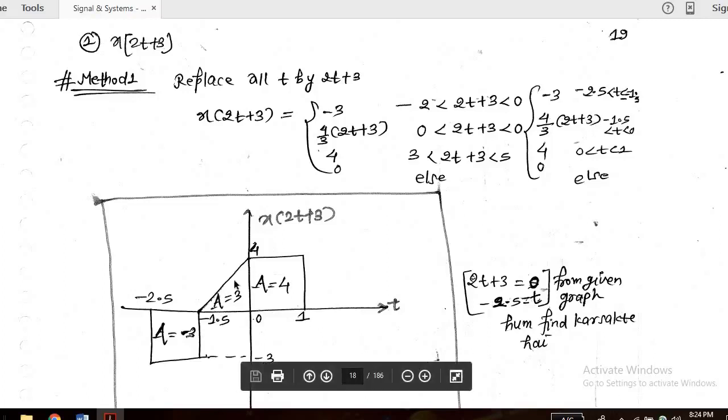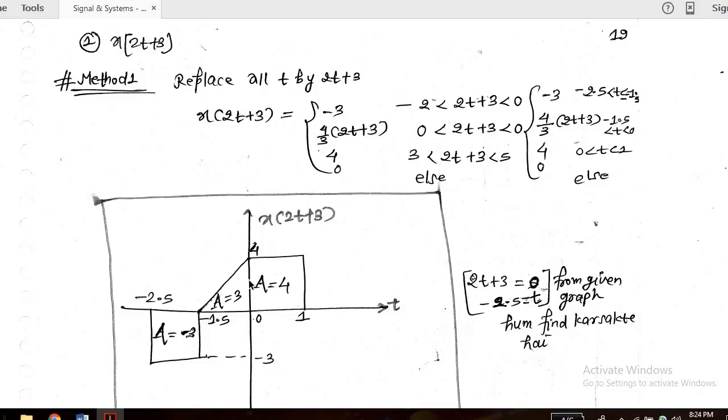To find the point of intersection with the t axis, substitute y equal to 0, and to find the intersection with the y axis, substitute t equal to 0. So I substitute t equal to 0, I am going to get 4. So this is the intersection with the y axis.